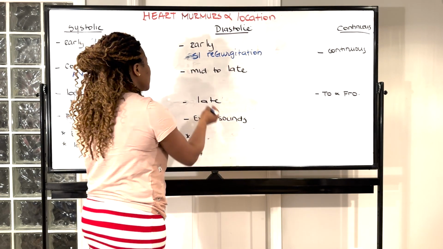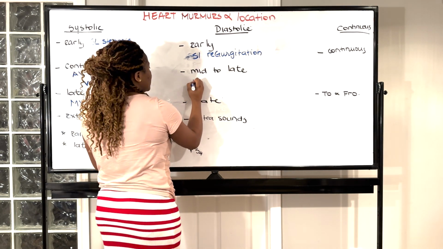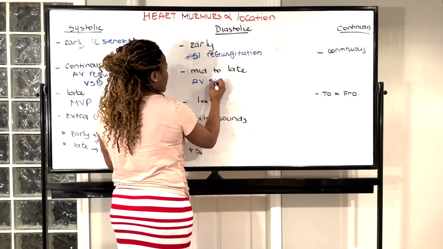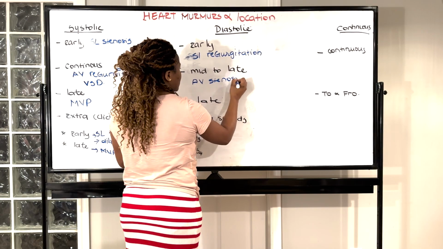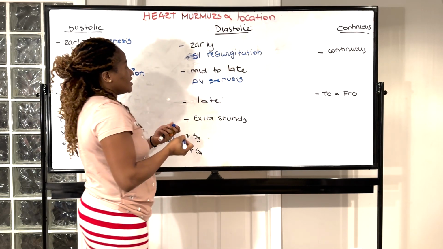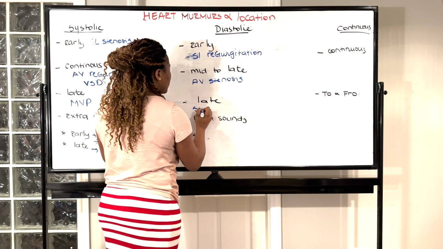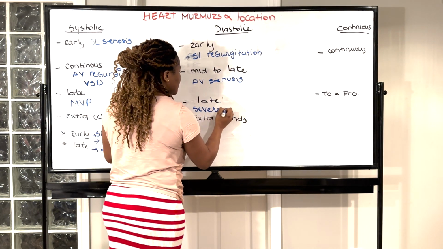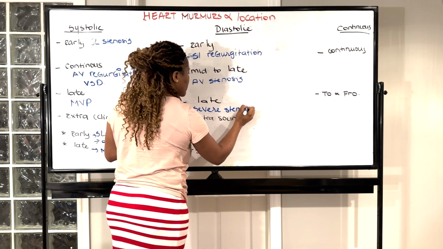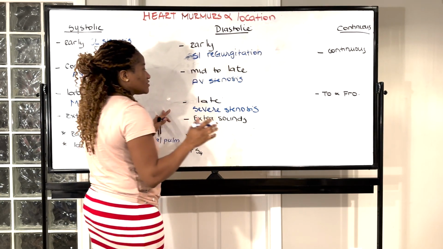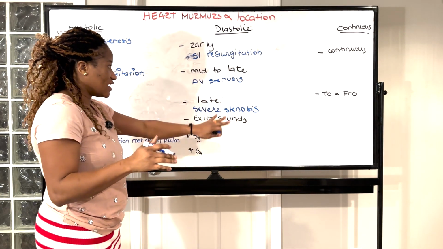If there is AV stenosis, we will hear that. And then during the late diastolic, even if we have a severe stenosis that persists throughout the diastolic, we mark it at the late diastolic.